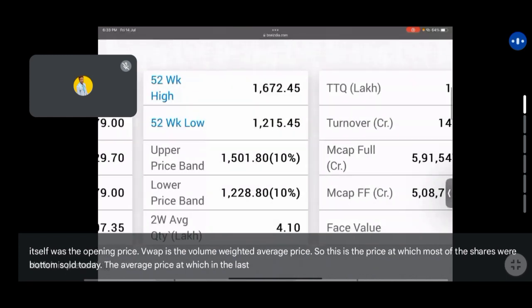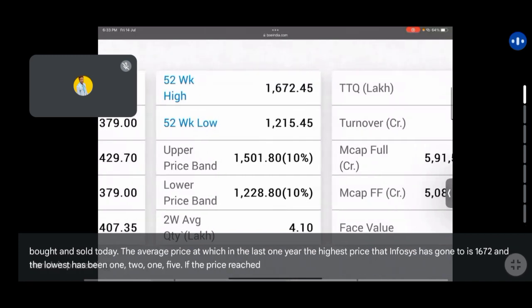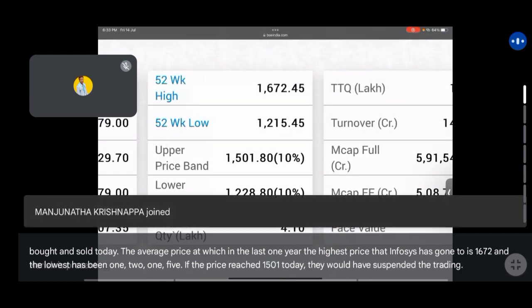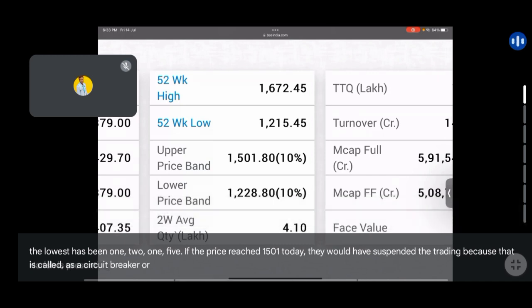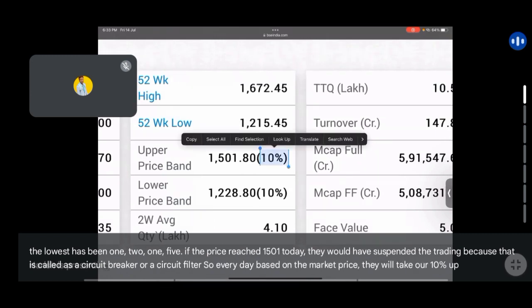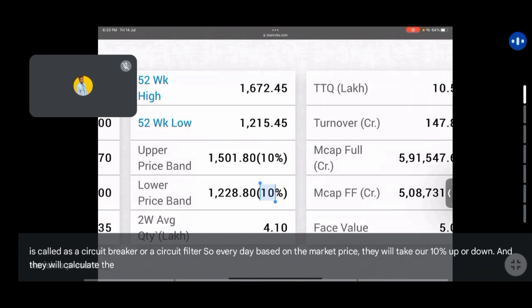In the last 1 year, the highest price that Infosys has gone to is 1672 and the lowest has been 1215. If the price reached 1501 today, they would have suspended the trading because that is called a circuit breaker or a circuit filter. So every day, based on the market price, they will take a 10% up or down, and they will calculate the upper and lower price band.